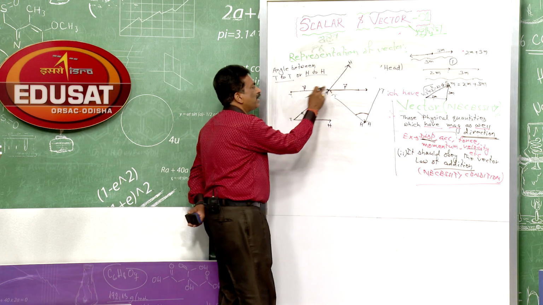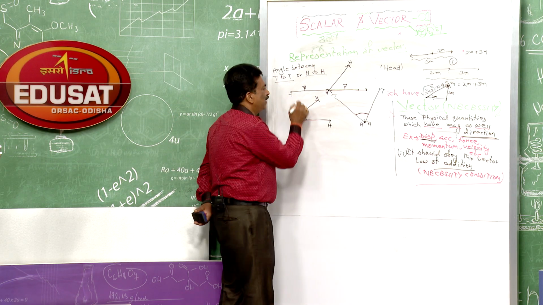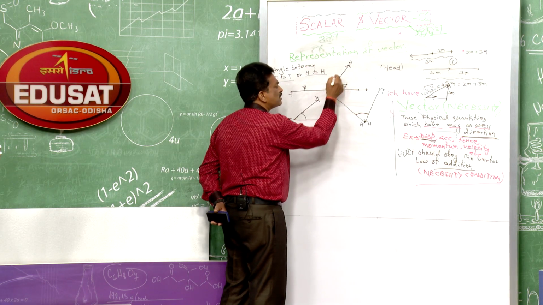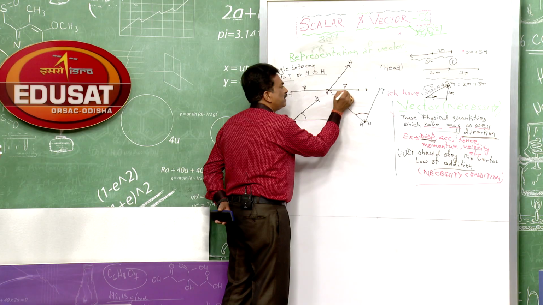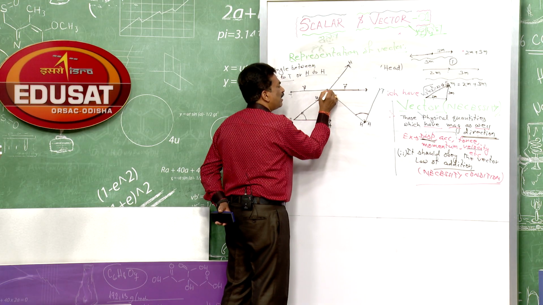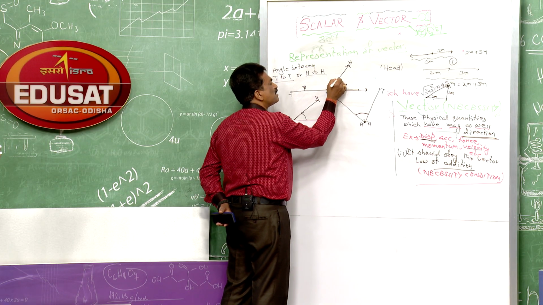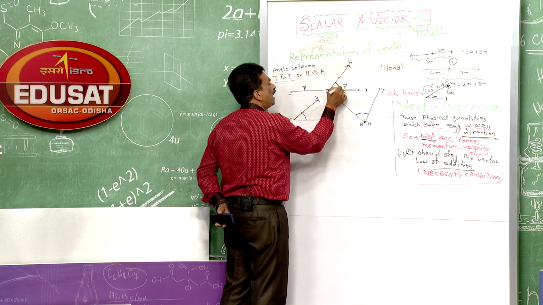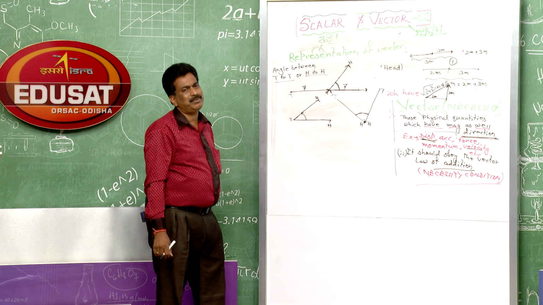So this vector equals that vector, and the angle between this and this, and between this and this, will be the same, because this vector has its tail here and that vector also has its tail here. So this is the angle between the two vectors.